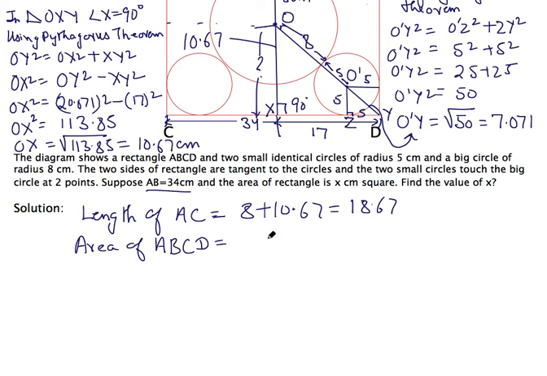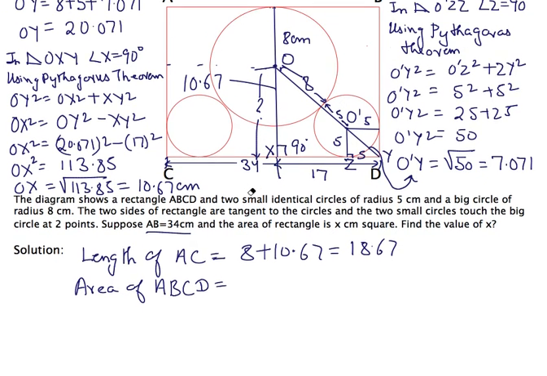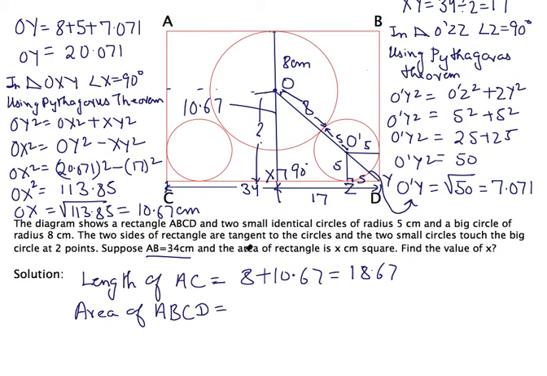Now we know both the breadth and the length of the rectangle, so calculating the area of ABCD is easy, which is length times breadth. So my length is 34, so it's 34 times the breadth, which is AC. You can write it as AB times AC, which is equal to 34 times 18.67, which is equal to 634.78 cm square.